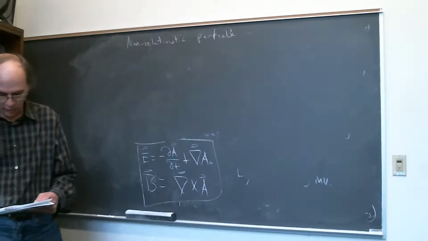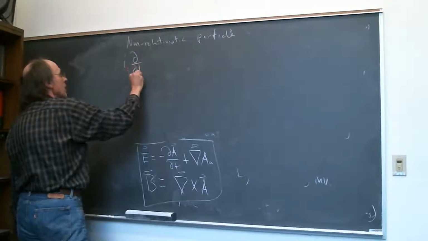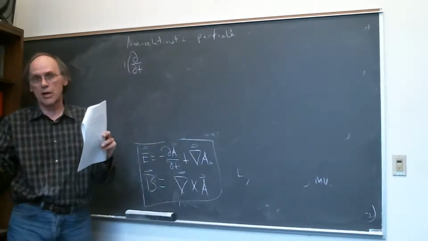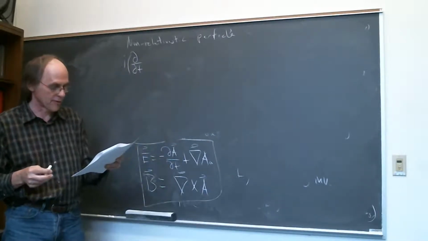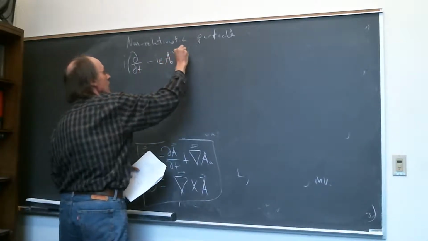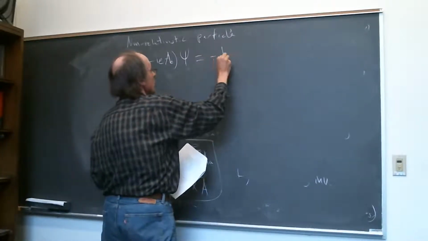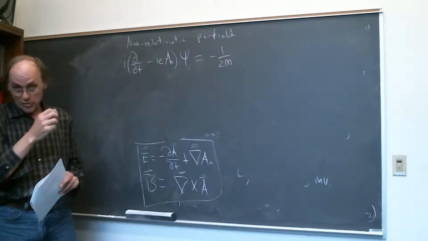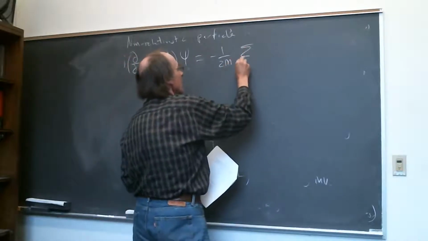What we do is we take i d/dt, but now the time derivative is supposed to become a covariant derivative, so we have to put in this A0 acting on psi, and then it's minus 1/2m times the p squared operator, which is the covariant derivative squared operator.